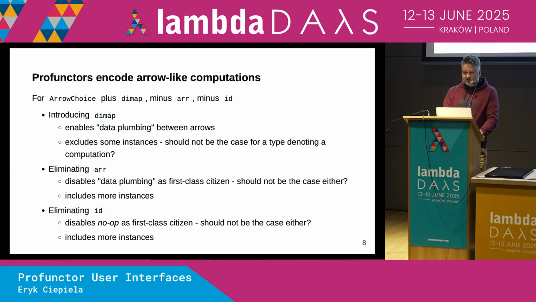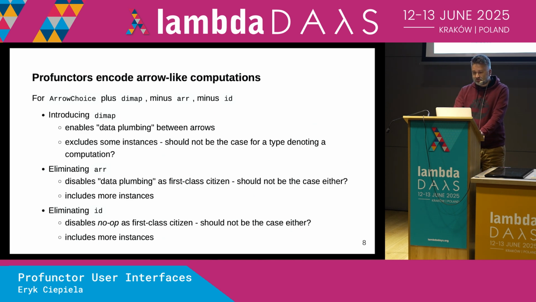Also, Profunctors are useful because of their ability to encode arrow-like computations. If we pick the Arrow Choice class from the Haskell arrow package, add the dimap function to it, and subtract arr and id functions, we end up with something very interesting.